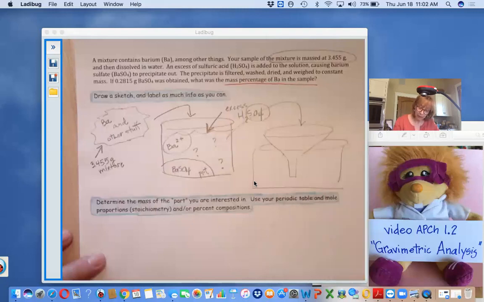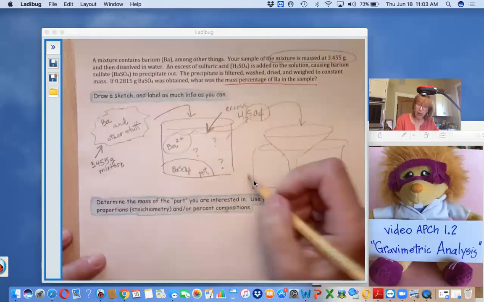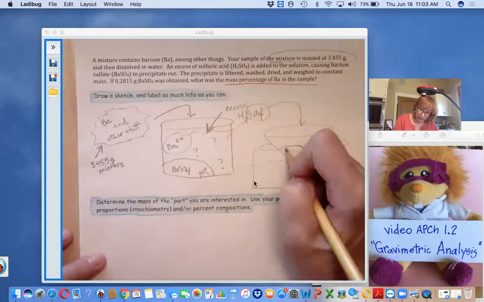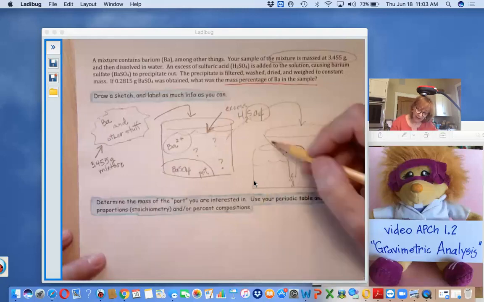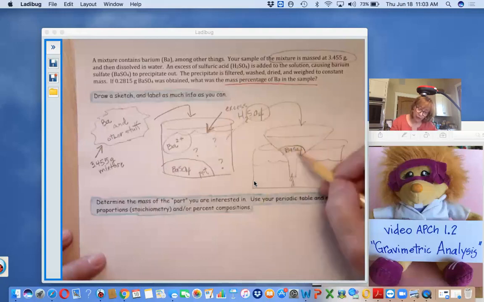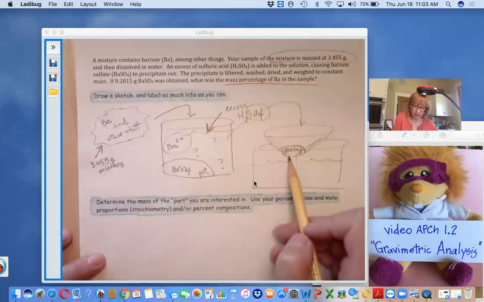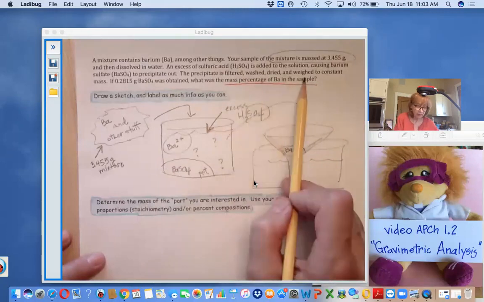And the filter paper will allow everything to drip on through except the barium sulfate. That solid cannot make its way through the filter paper. So I've trapped this solid that has the barium in it. I'm going to filter it, wash it, dry it, and weigh it to constant mass.